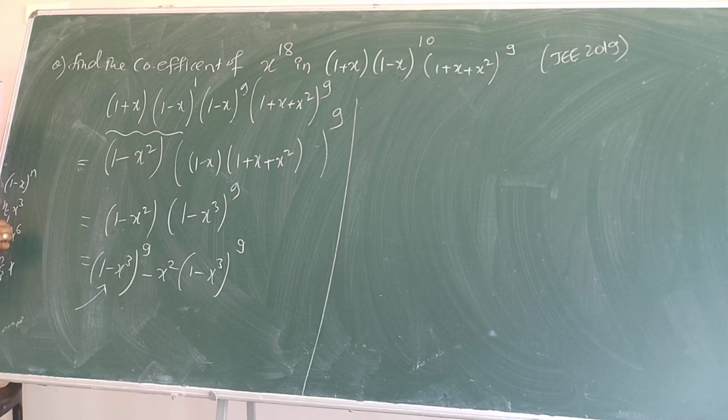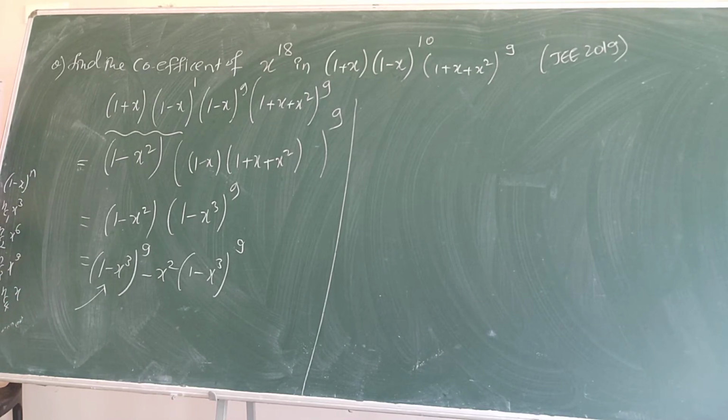For 3, x power 3 power 3, 3 3s are 9. For 4, I get x power 12. For 5, I get 15. For 6, 18. So the 6th term will be the answer. इसमें 6th term आ जाएगा directly.